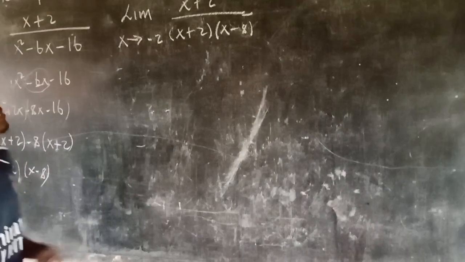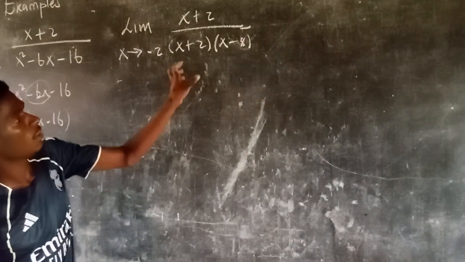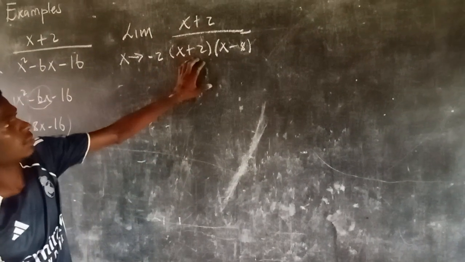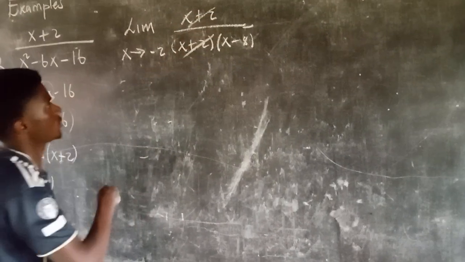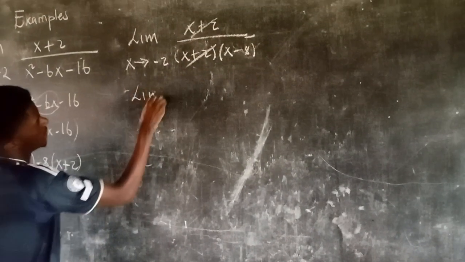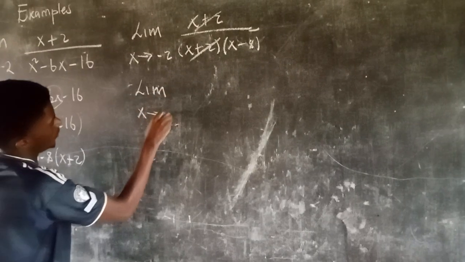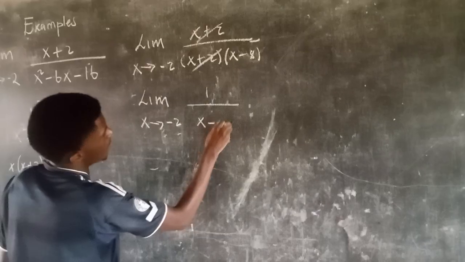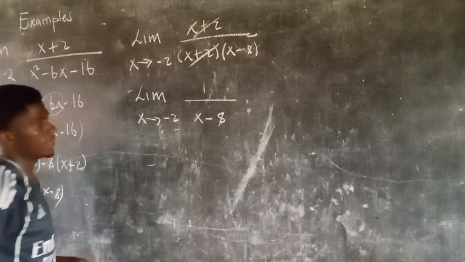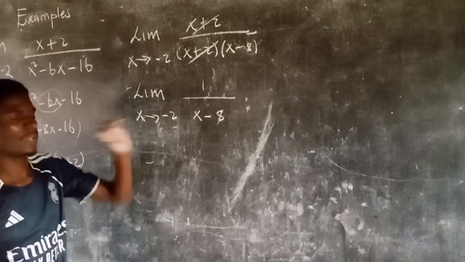From here, you can simplify further. On the numerator you have this, and on the denominator you have this multiplying with that. So these two can cancel, and then you remain with the limit as x approaches negative 2 of 1 over x minus 8.